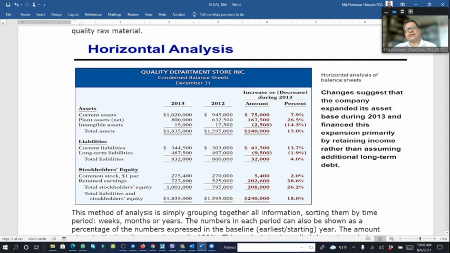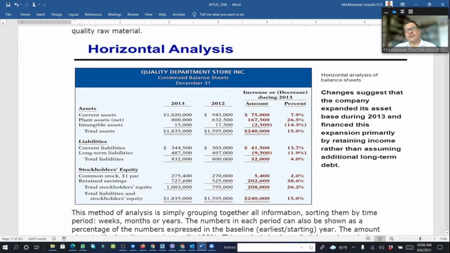According to 9,45,000, it increased 7.9%. Same way, plant asset, how much increase? 1,67,500 is 26.5% within the base year. Same way, intangible asset is reduced by 2,500. So this is the horizontal analysis.